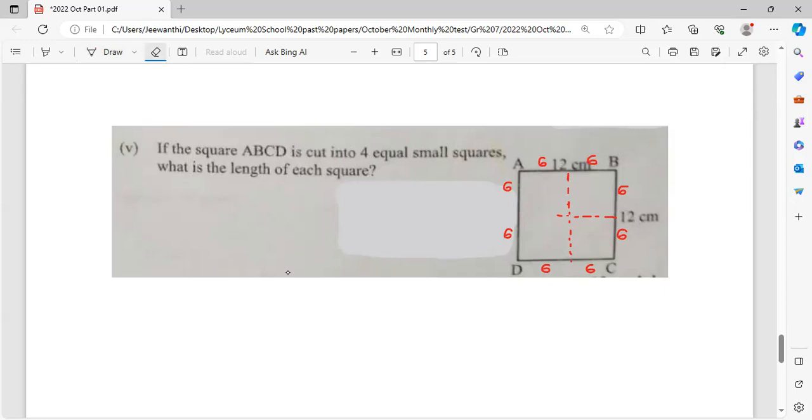I will draw the second line nicely. What they ask is, what is the length of each small square? Each small square length is equal to 6 centimeters.